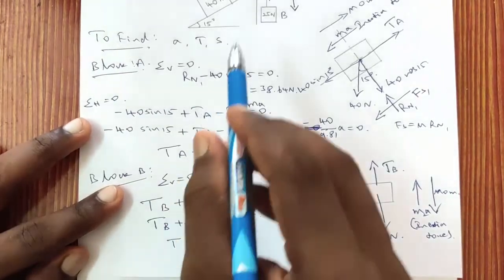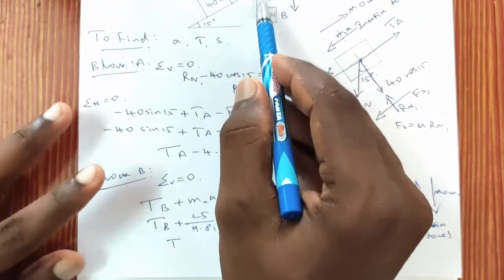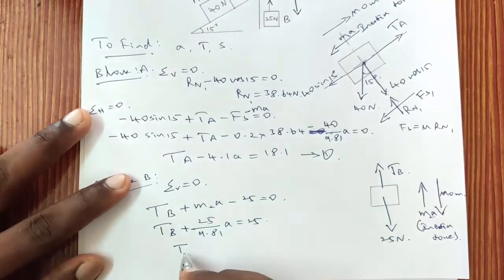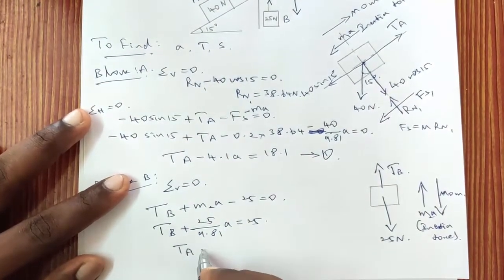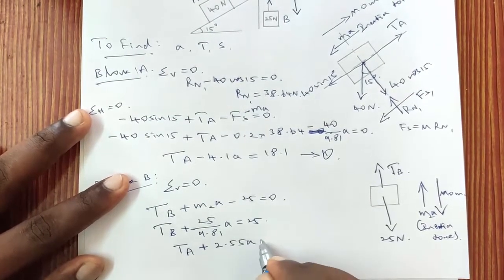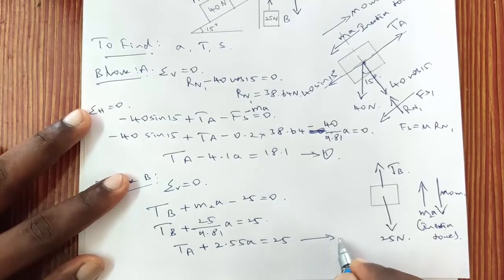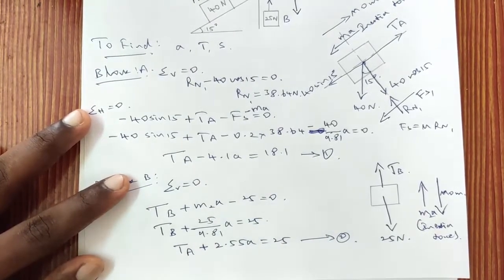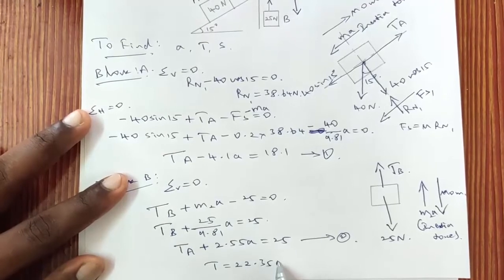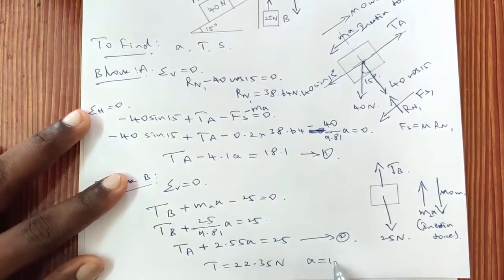And we know that TA is equal to TB since the pulley is smooth. So we can write TA plus 2.55 A is equal to 25. Keep this as equation number 2. So if you solve these two equations, then you will get T is equal to 22.35 Newton and A is equal to 1.04 meter per second square.